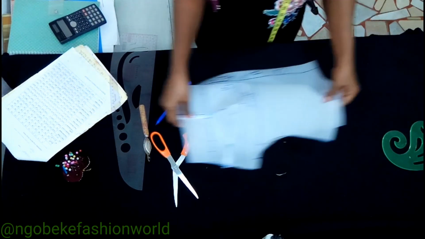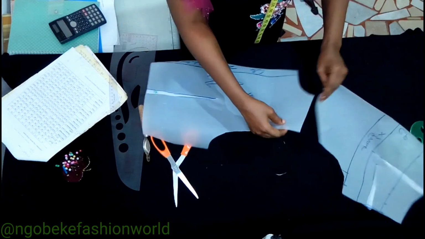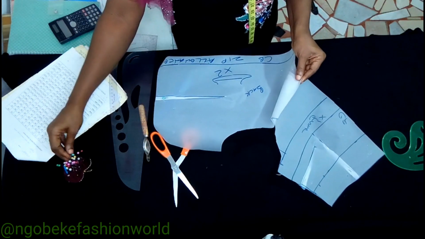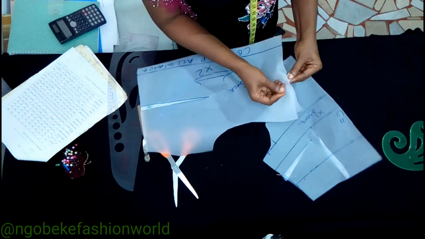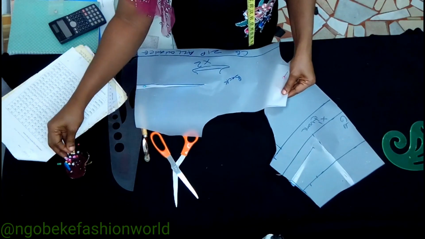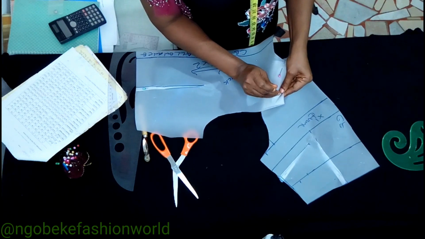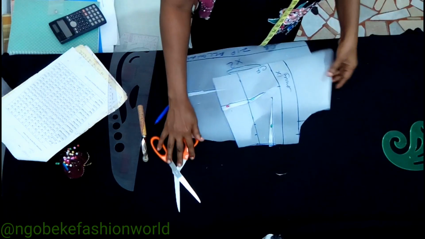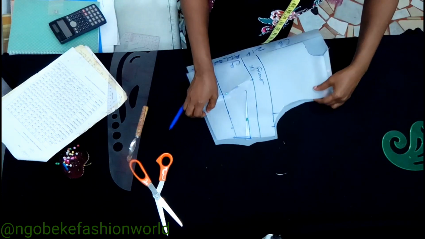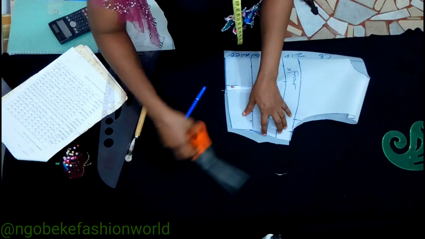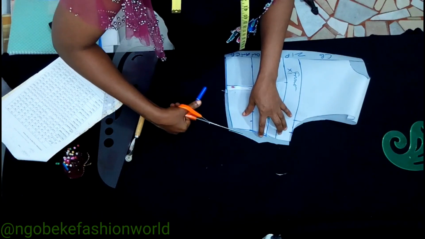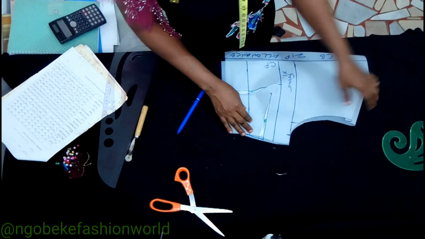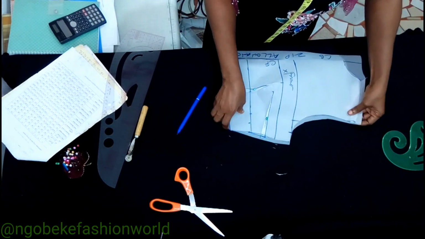So can we see? Then if I pin the shoulder, you will not see the difference. So guys, when you now pick it, I'm going to smoothen this one because it's not that bad. There's no excess at the side of the back now.